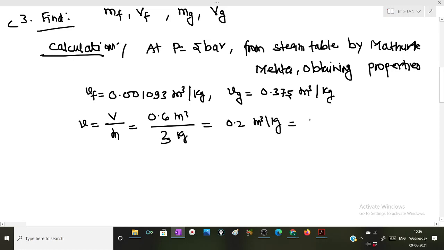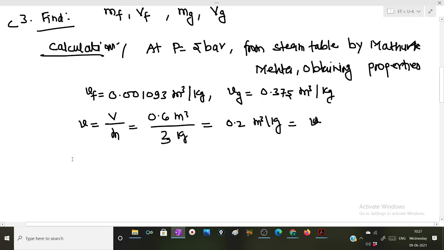This is nothing but the total volume of the vessel divided by the mass. So the specific volume of steam present in the vessel will be 0.2 meter cube per kg.